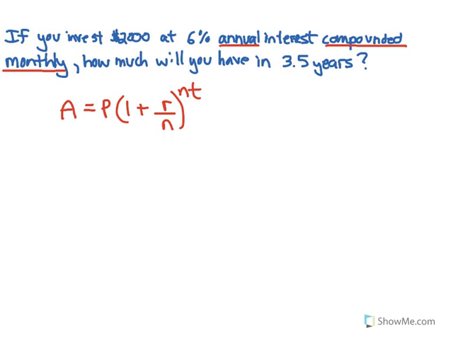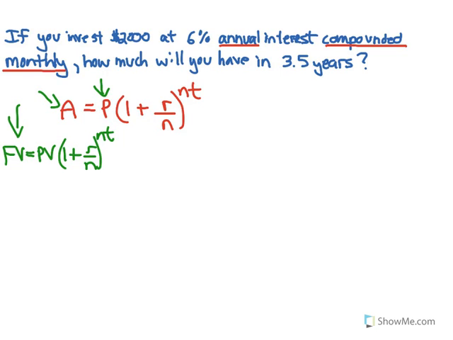You might have also seen this written as FV equals PV into the same thing, 1 plus R over N to the NT. Those are just different notations. In this one, it would be future value and present value. In this one, it's kind of final amount and principal is what we'll use the P for. So I'm going to stick with this one in red, but you can use either one.